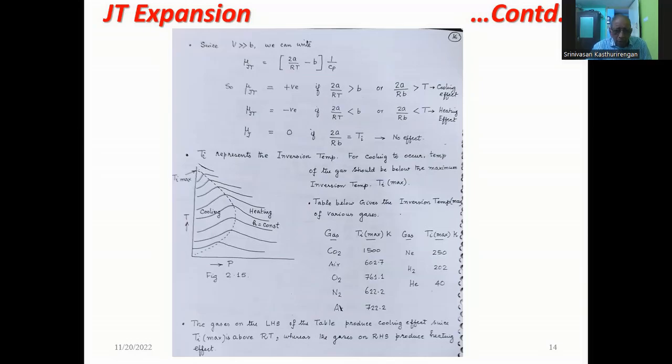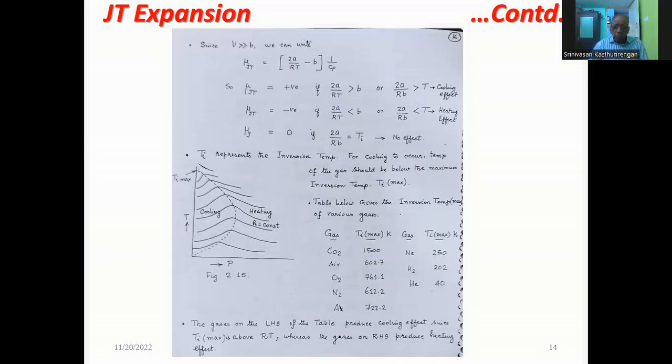Now, what we can notice is the following. Suppose the term 2A/RT is greater than B. Cp is always positive, so if you multiply these two, this turns out to be a positive coefficient. So if 2A/RT is greater than B, then μ_JT is positive. And suppose 2A/RT is less than B, then you have a condition where μ_JT is negative.